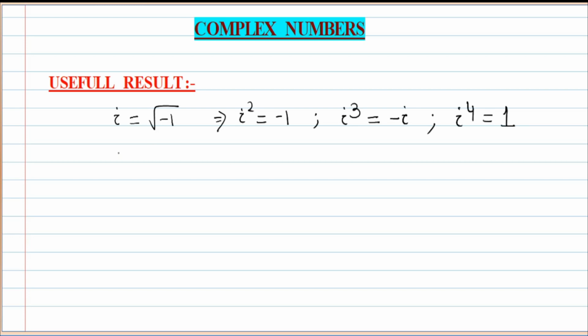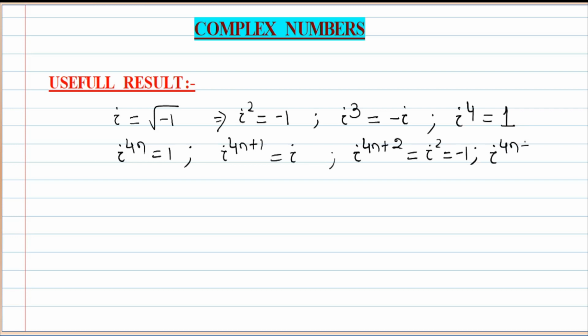That means i to the power 4n is equal to 1, i to the power 4n plus 1 is equal to i, i to the power 4n plus 2 is equal to i square, that is minus 1, and i to the power 4n plus 3, that is i cube, is equal to minus i.